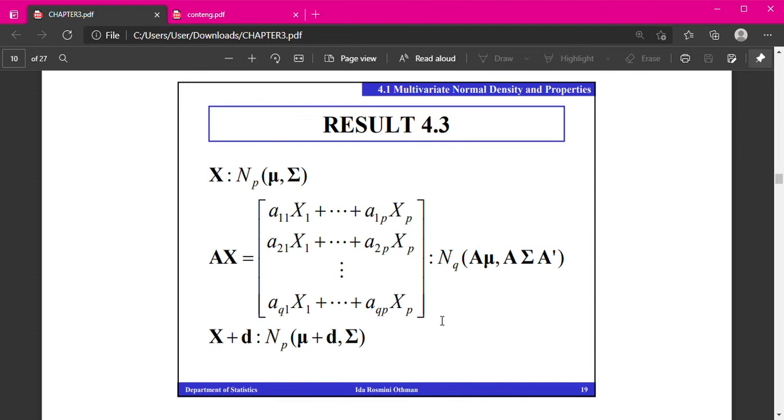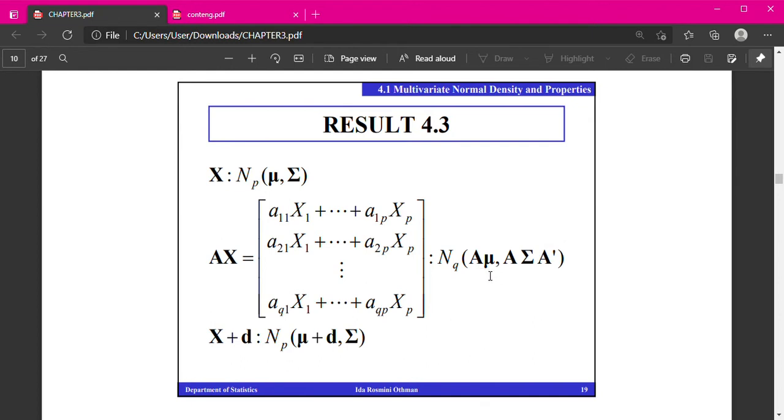Okay. And then min untuk X adalah min vector mu. Variance-covariance untuk X adalah variance-covariance matrix untuk X. But bila kita createkan AX, beberapa linear combination that we have, to create AX, this linear combination AX will be NQ, okay, NQ A mu.